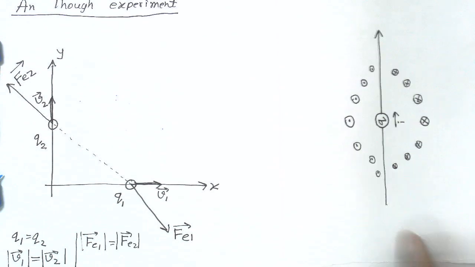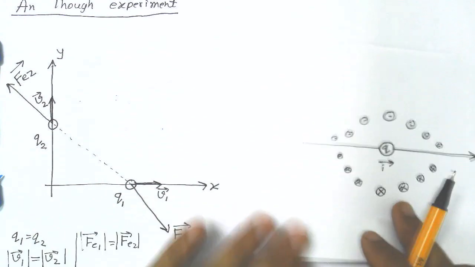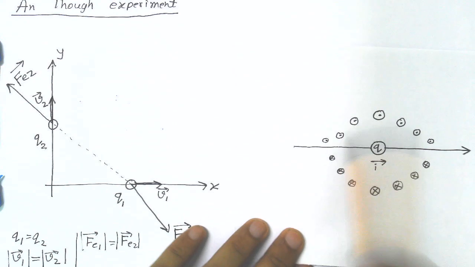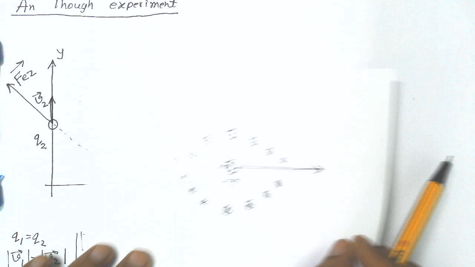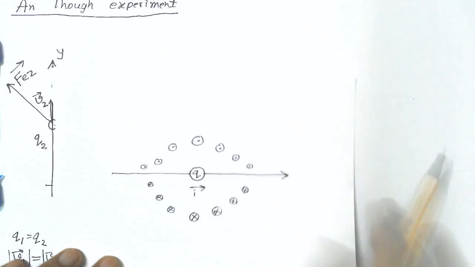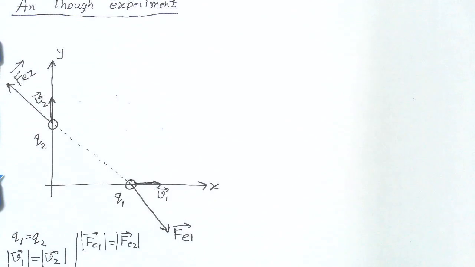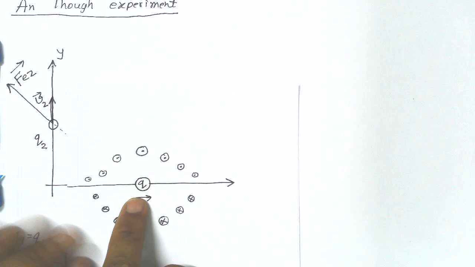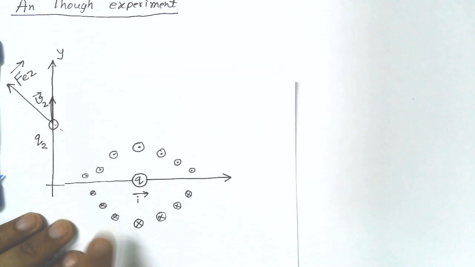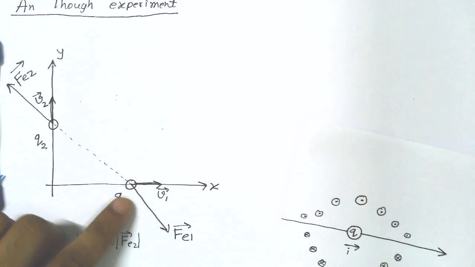And that magnetic field will look somewhat like this. If I bring it here, you can imagine this is how the magnetic field will be created by this charged particle.